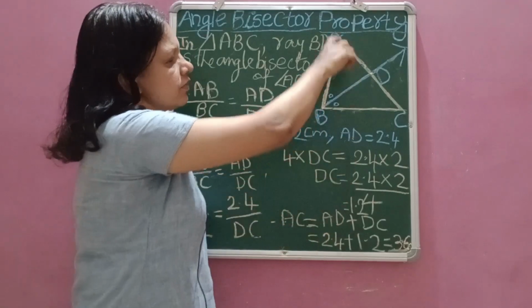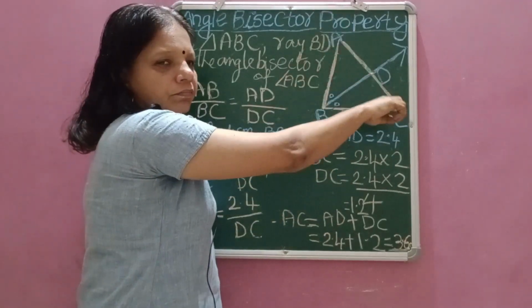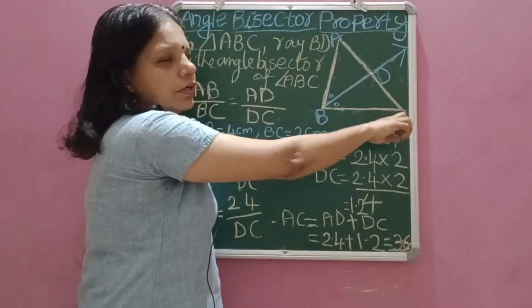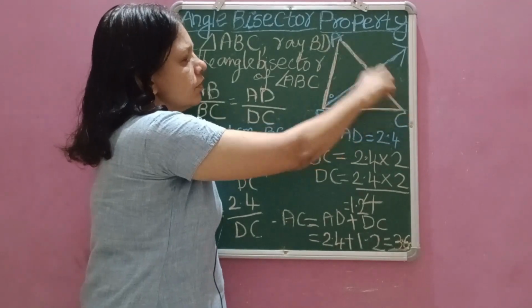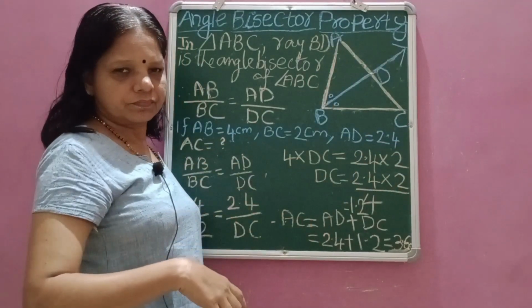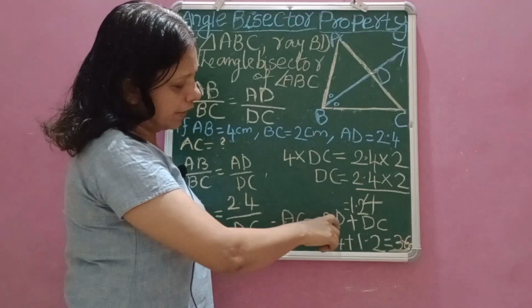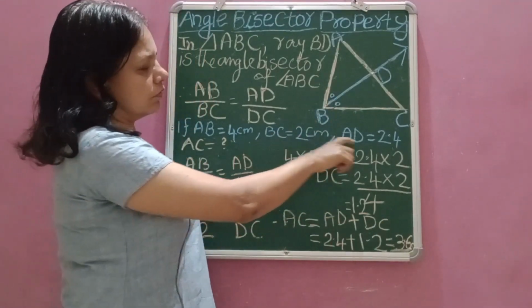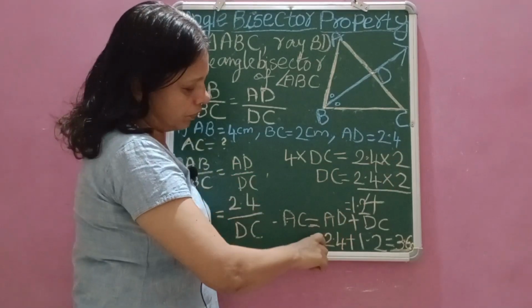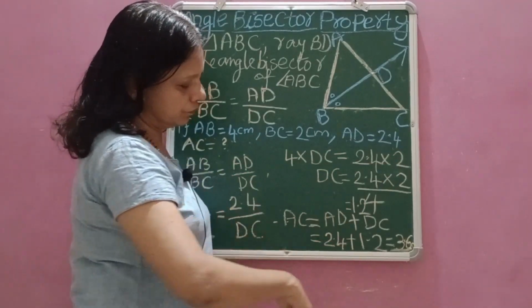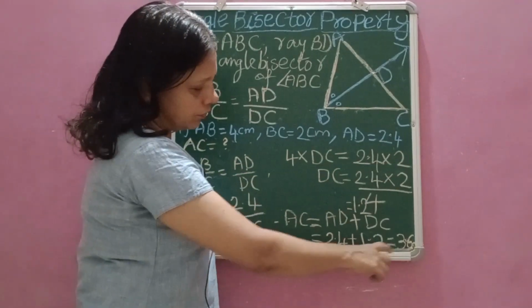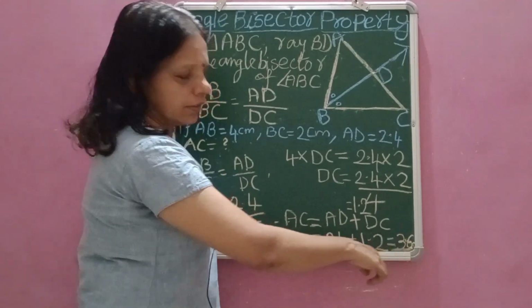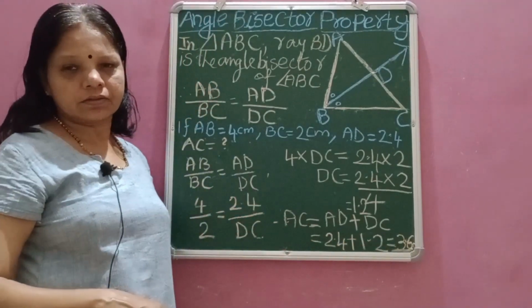The question is to find AC. So how to get AC? By the property of collinear points, AD plus DC equals AC. So AC equals AD plus DC. What is AD? 2.4. 2.4 plus 1.2, answer 3.6 centimeter.